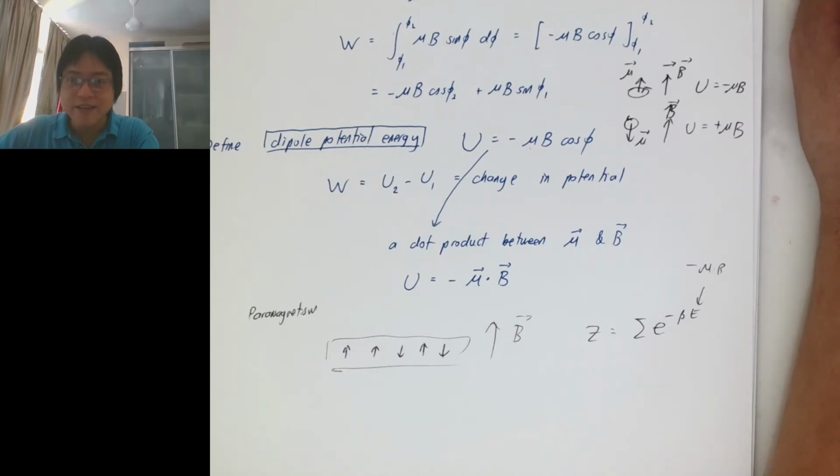Paramagnet, right? Yeah, paramagnet. So this magnetic moment is the total number of parallel directions plus the total number of opposite directions. Yes, so that is the connection that we see there.